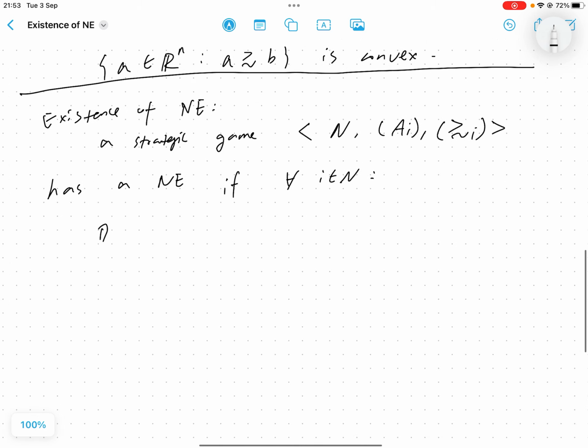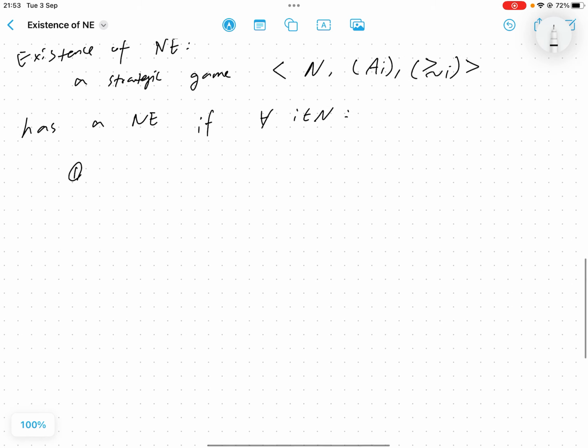We have those analogous conditions as we did for the conditions in Kakutani's fixed point theorem.